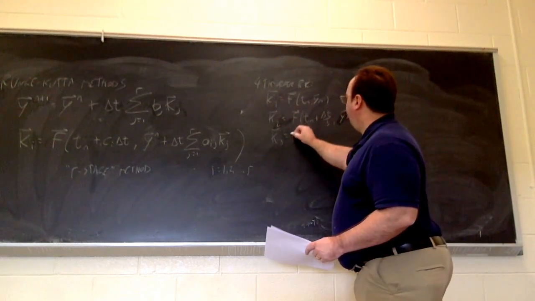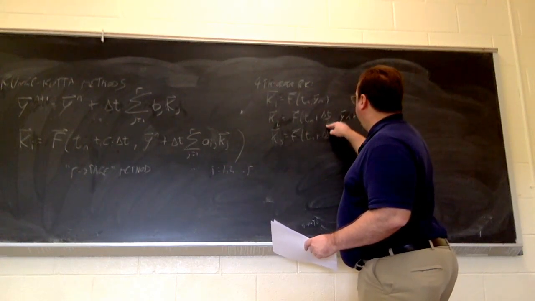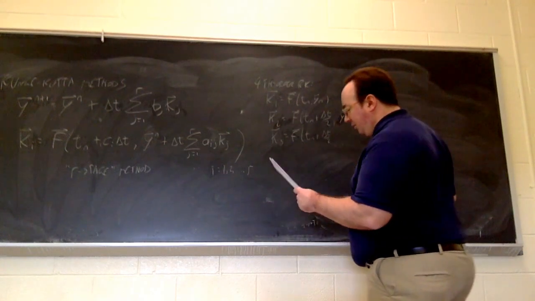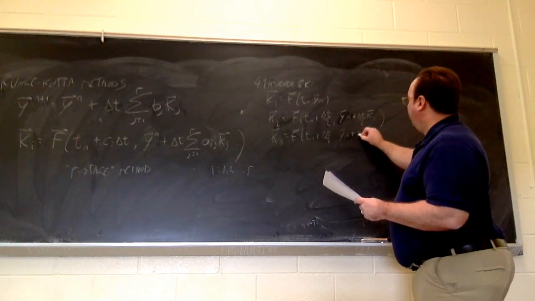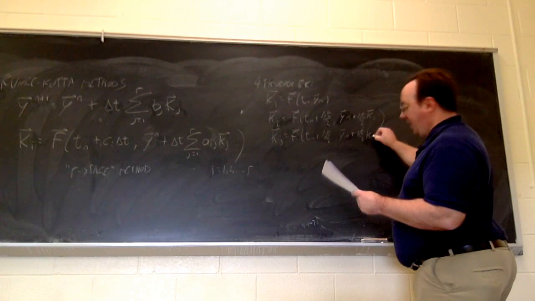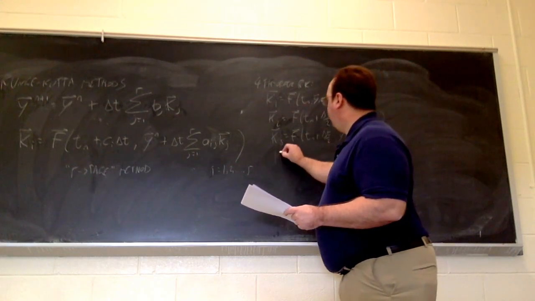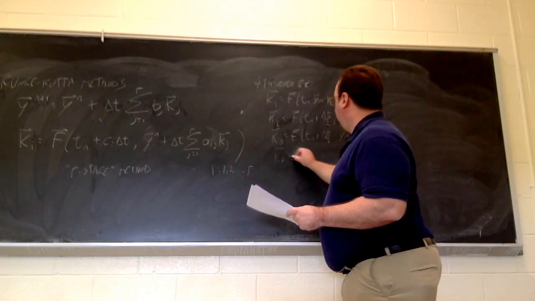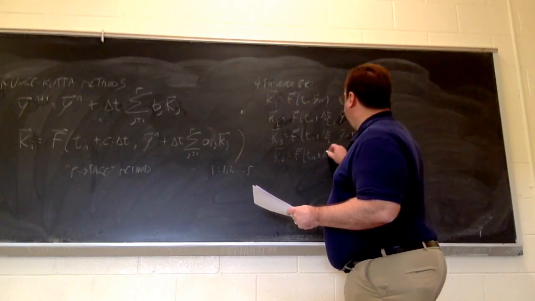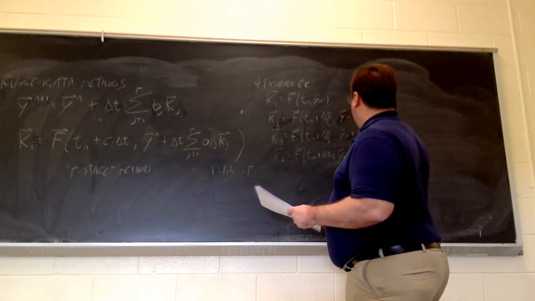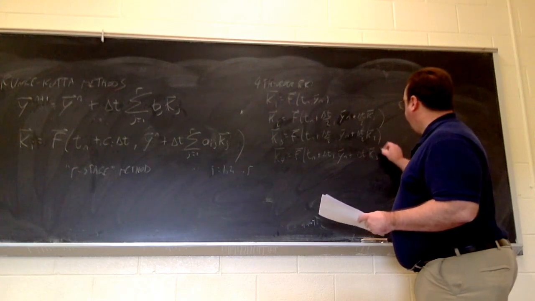K3 also at the midpoint in time. Whoops, that's delta t over 2, not 3. Not sure what I was thinking here. Yn plus delta t over 2 K2. And then finally, Tn plus delta t, Yn plus delta t K3.